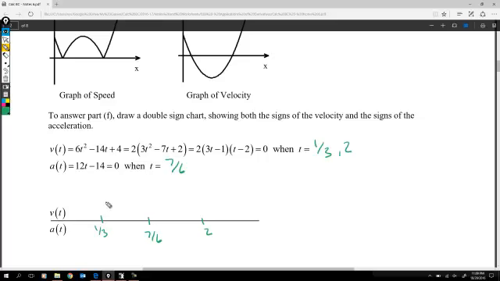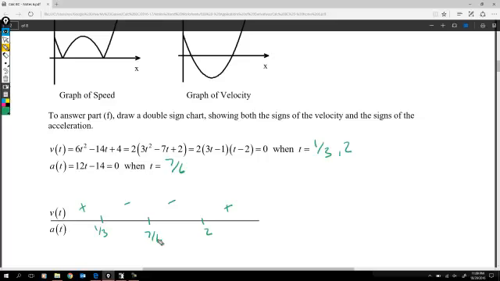Okay, and we already tested these for my critical numbers at least. So if I plug in a number smaller than 1/3, I end up with a positive number. And then between 1/3 and 2, if I plug a number in, like 1, it'll be negative. And then if I plug in a number greater than 2, I'll get a positive number again. Okay, now let's test my acceleration.